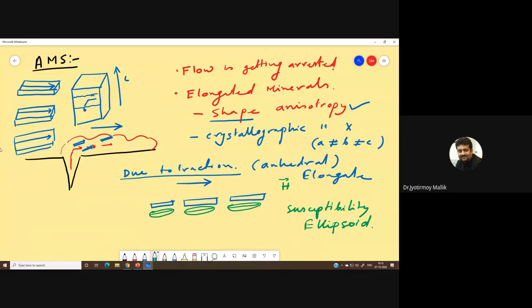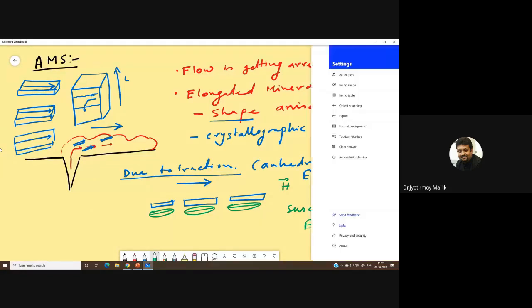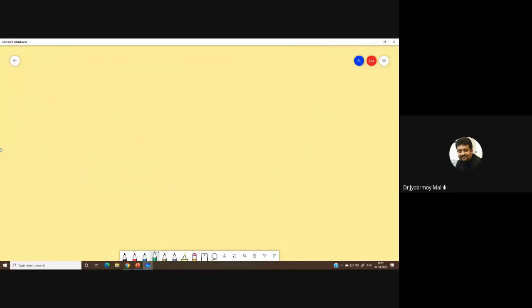So the susceptibility ellipsoid will essentially follow the shape anisotropy of the particular elongated mineral grain. So that is what is happening now. Suppose you are in an area, looking at, for example, Deccan basalt, and you are finding this big chunk of very large flow, and you want to understand how the flow went.